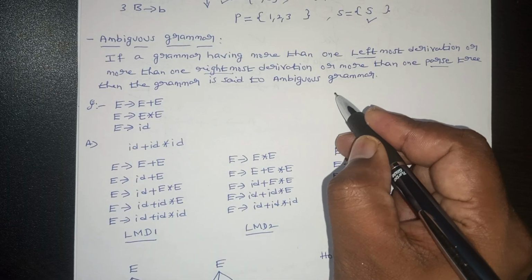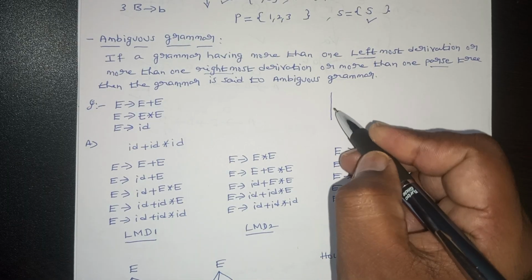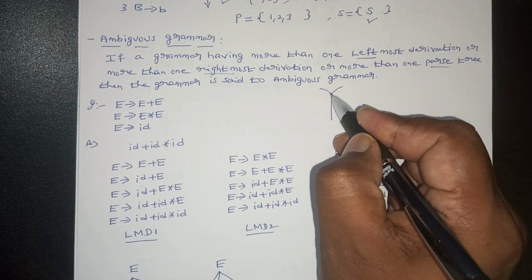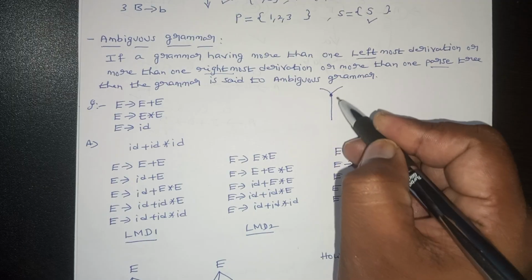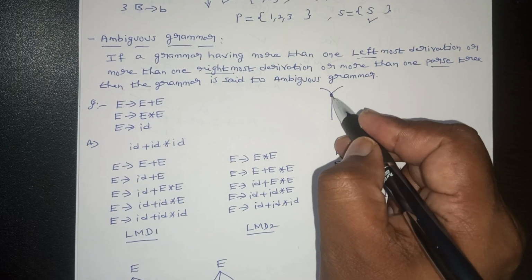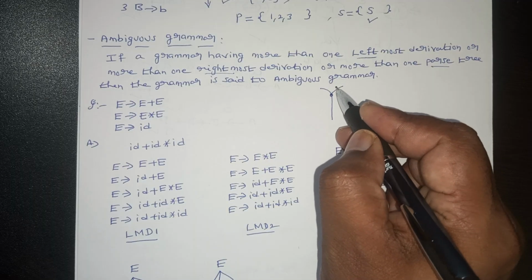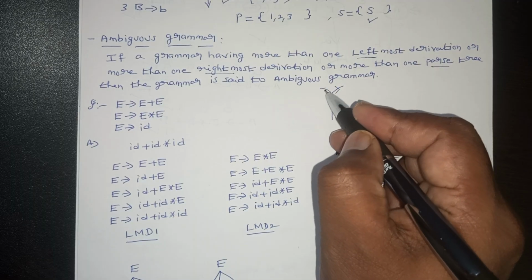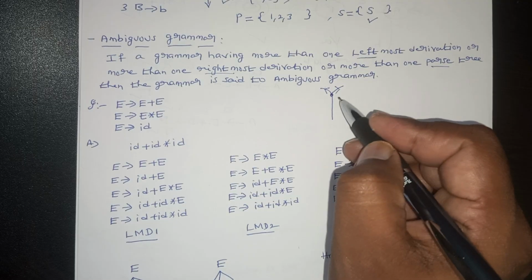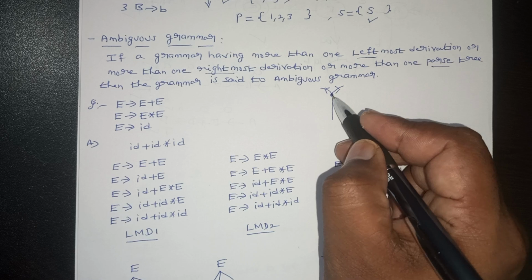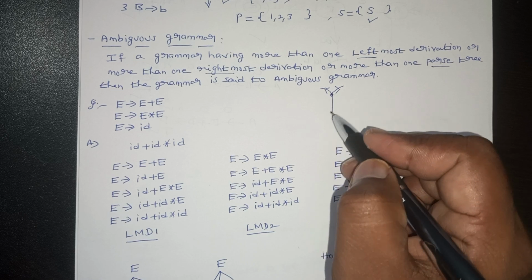For example, assume this is one road, and this is a crossroad, this is one more road. Now you are standing here. If you have an ambiguity, how can you move? Whether I have to take this path or this path, that is called ambiguity.